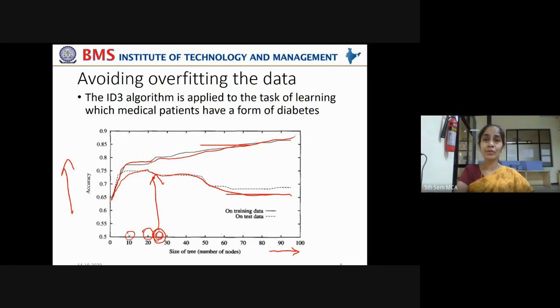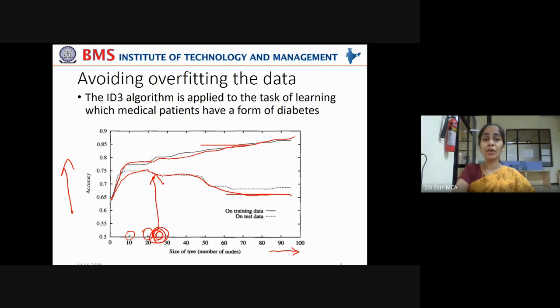This is how you need to understand overfitting. If your training data is giving too good accuracy and your test data accuracy is falling, then we say the model is overfitting. When did it start overfitting? Around 25 nodes. So you have to be cautious. You have to be careful around this range of 25 nodes and stop fitting your decision tree.